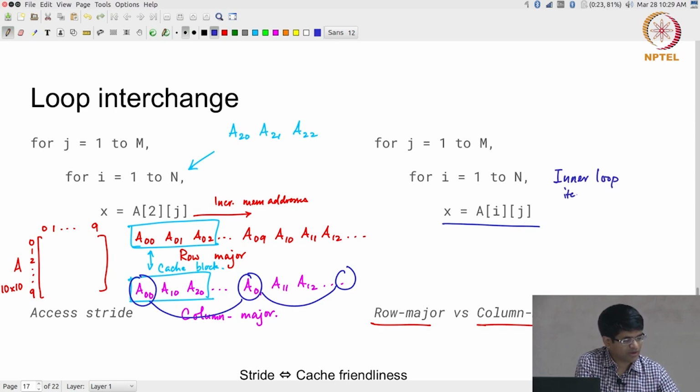The inner loop iterating on the rows means that on every iteration through the inner loop, the value of i is changing and I am accessing a strided element. I am basically jumping ahead n steps. Ideally what I would like to do is, I pick a row, go through the entire row, because that is cache friendly. So if I can switch these two around, this would improve the performance of this loop.